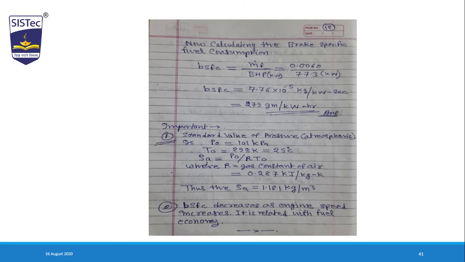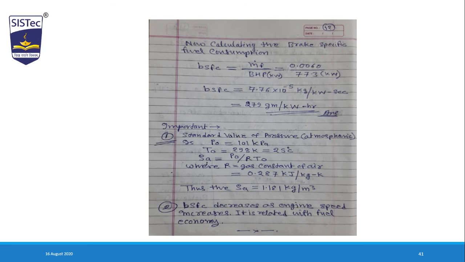The initial intake air temperature at which the intake air is sucked by the engine is 298 Kelvin or 25 degrees Celsius, and we use the relation of the density of air to calculate the exact amount, that is P0, the atmospheric pressure, divided by gas constant R into temperature T0, which again represents the atmospheric intake air temperature.